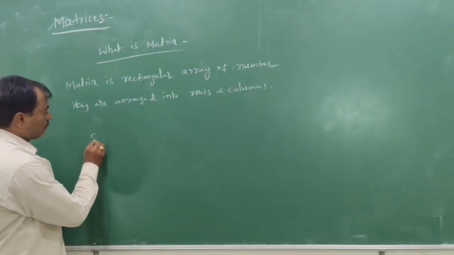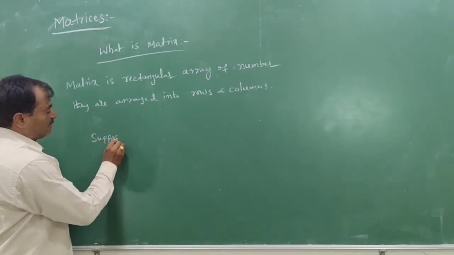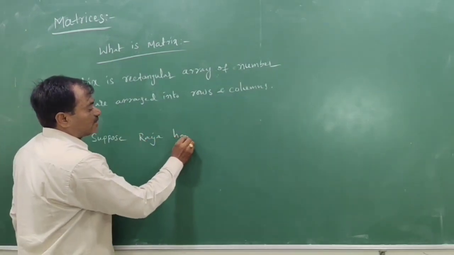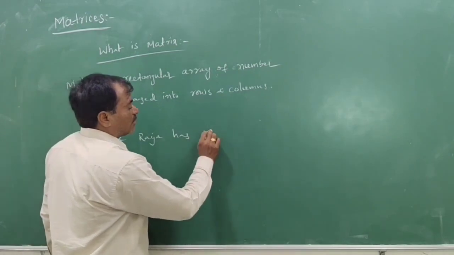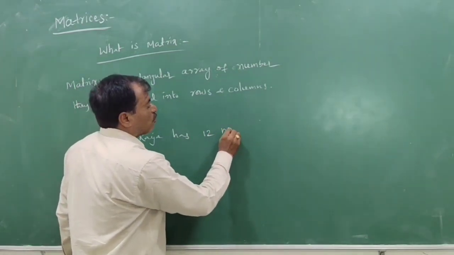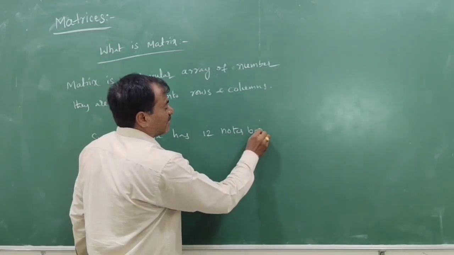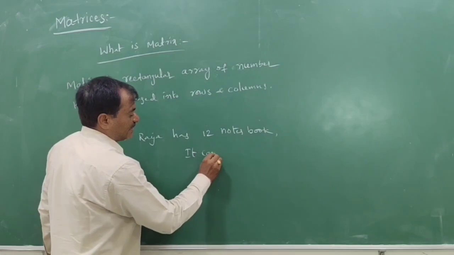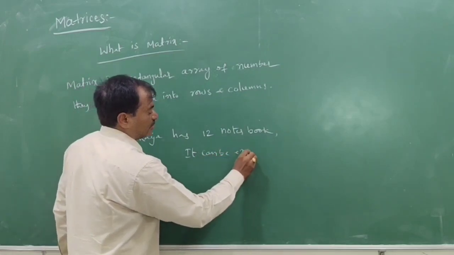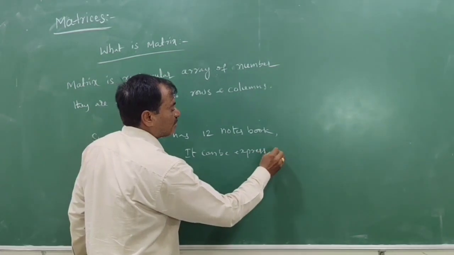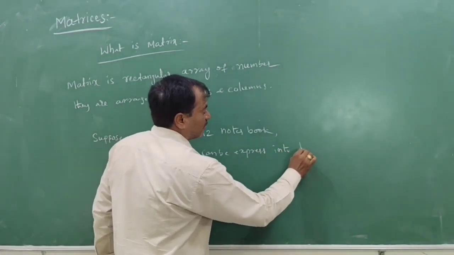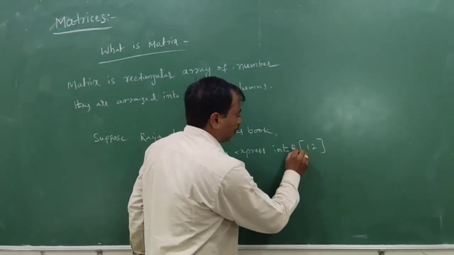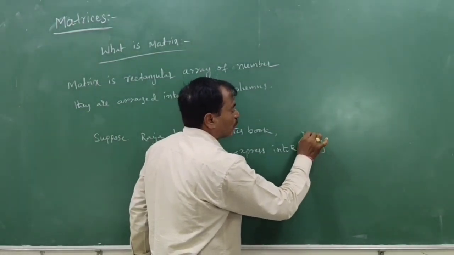So generally, we are taking one example. Suppose Raju has 12 notebooks. Now it can be expressed so: this is Raju and this is notebook.